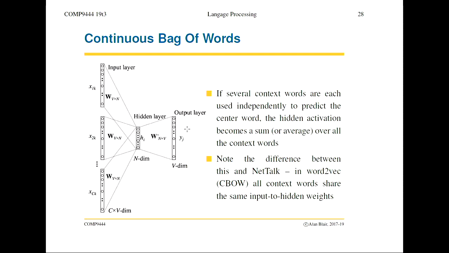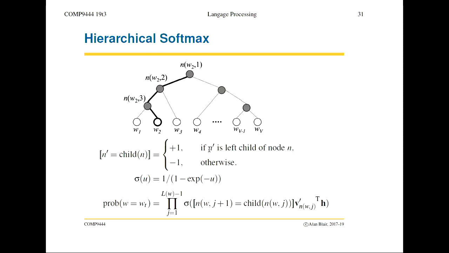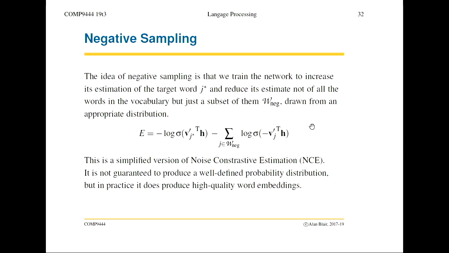So instead of the 60,000, maybe I just pick 20 words at random that didn't occur. I'll train the network to reduce their activation and correspondingly increase the activation of the word that actually did occur. So this is called negative sampling.